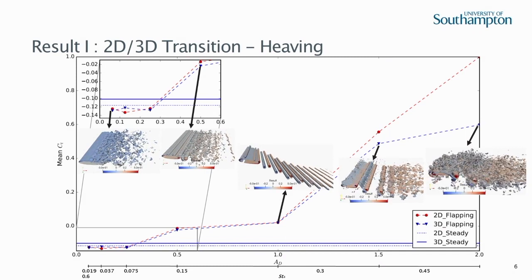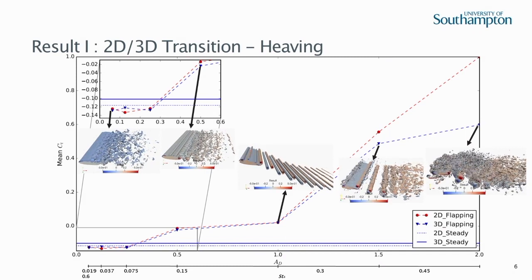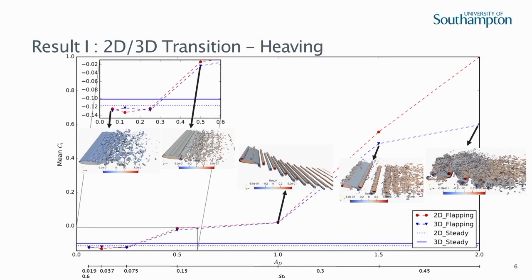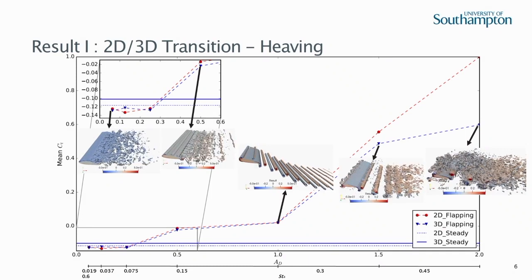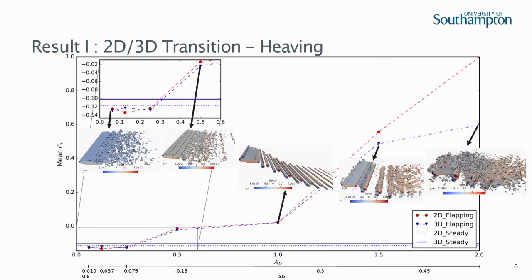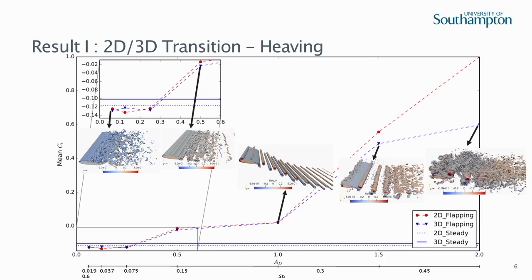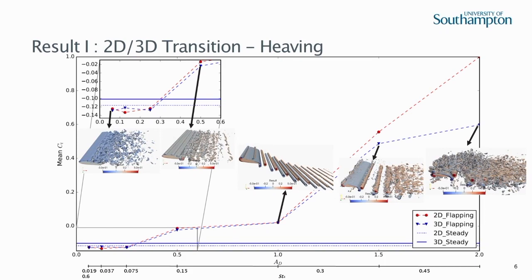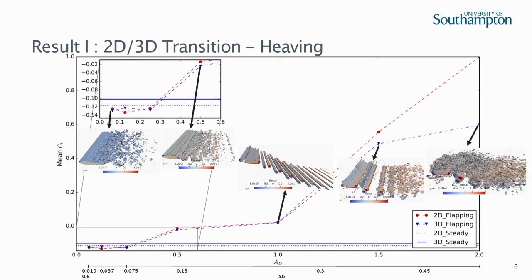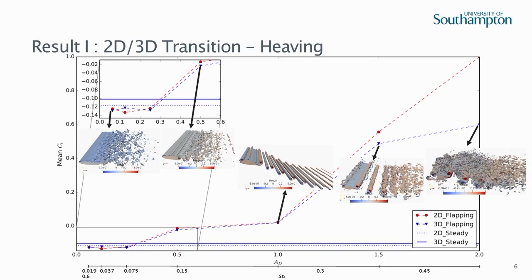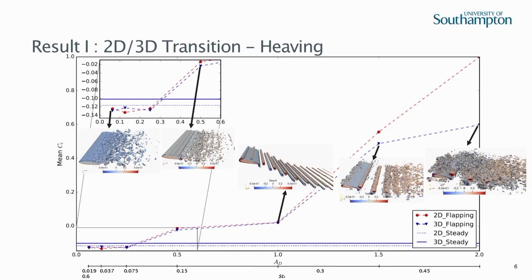What I present here is that when there's a 2D flow structure, the graph of the average coefficients of thrust between 2D and 3D collides together; it becomes one point. But when the 3D structure appears, we can see the separation between 2D and 3D.